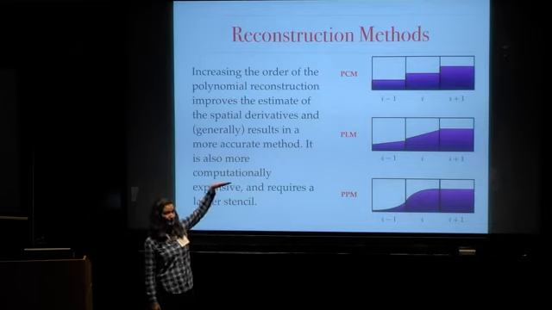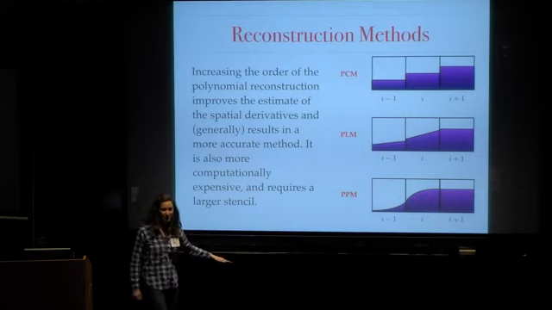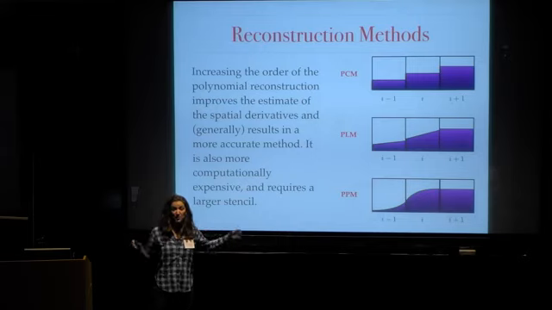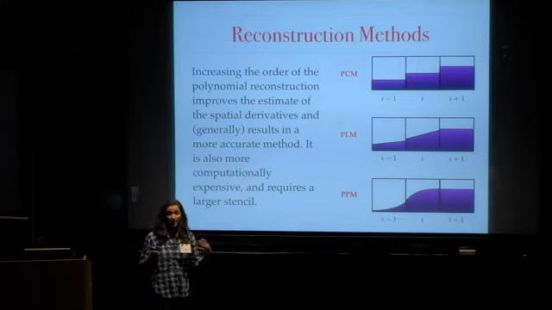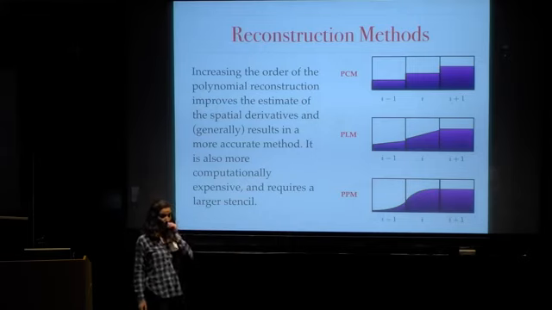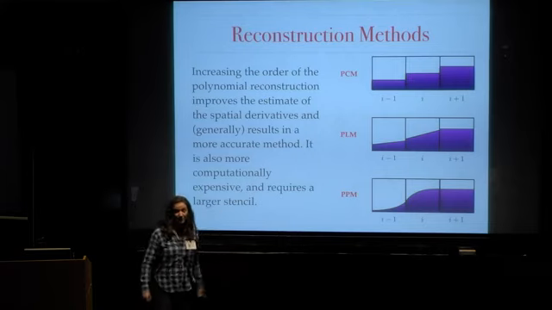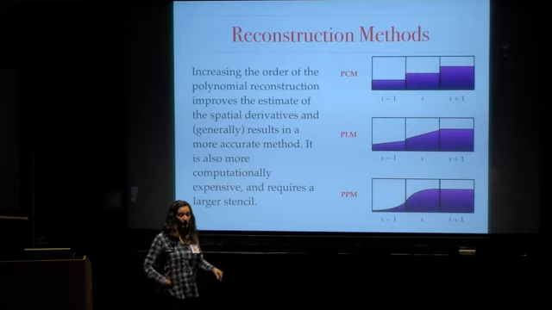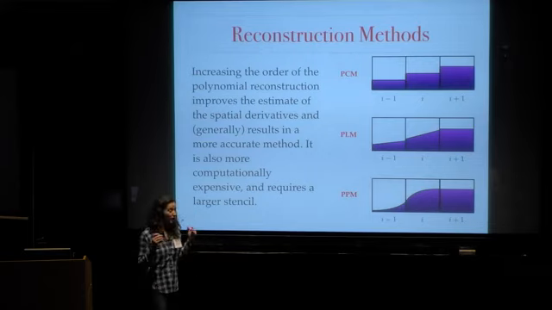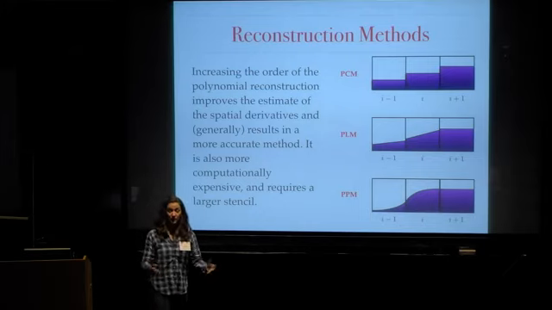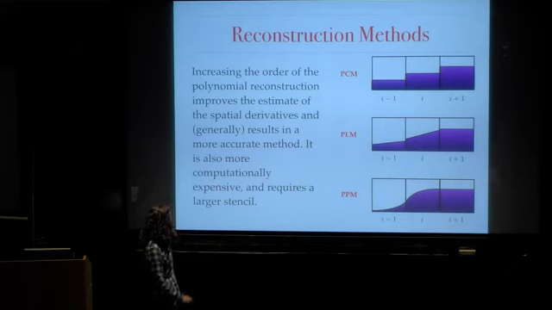So in addition to the fact that the actual calculation of the spatial derivatives is more expensive because you're doing more math, you also have to carry around more data in your stencil, and that tends to make the method more expensive. So it's not a good idea necessarily to just go to some fifth order spatial reconstruction method. It may actually be more computationally worthwhile to just increase the number of cells or decrease the mesh spacing.